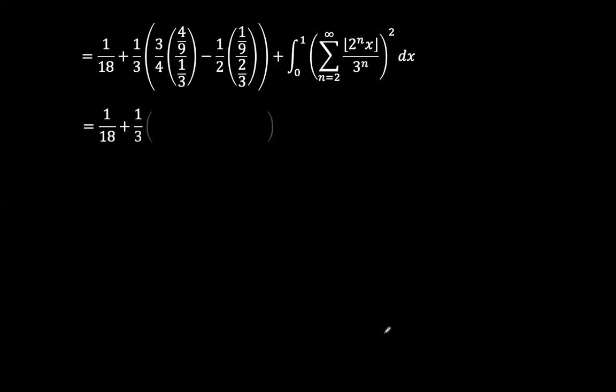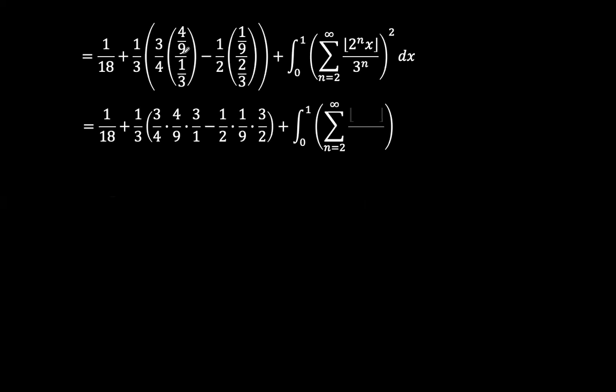So that's 1 over 18. 1 over 3 times 3/4, and so this becomes 9 divided by 3, which is 3. Anyway, this is 3 and 1. And then this goes with that, and this goes with that. So we have essentially 1 here, and here becomes 3.